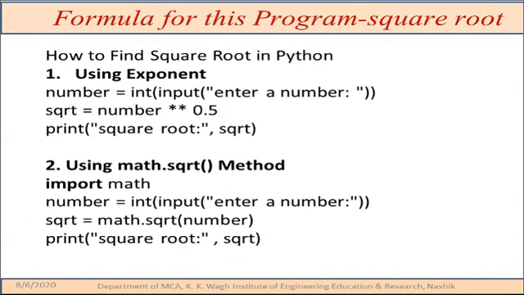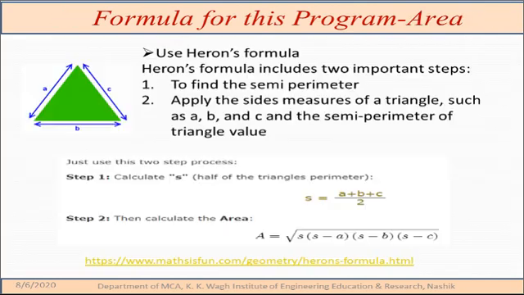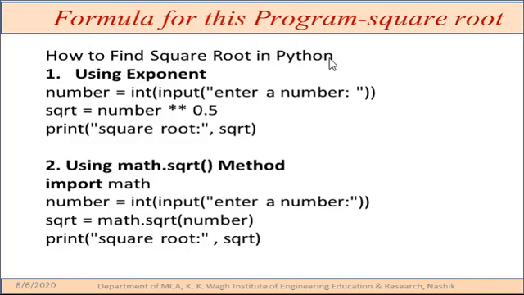Now for this program, as we have seen in the formula for the area, we have to calculate the square root. So how can we calculate the square root in Python? For calculating the square root in Python, we have two different ways. Using the exponent we can calculate it, or by using the math.sqrt method.